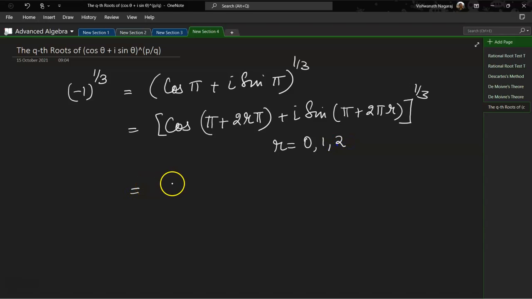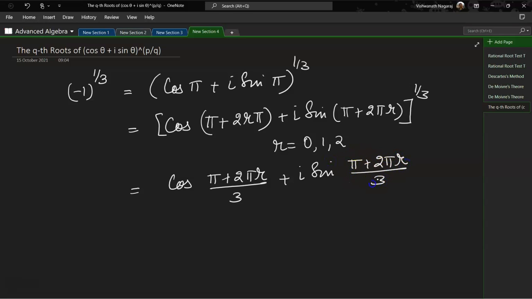Now we apply De Moivre's theorem. We get cos((pi + 2 pi r) by 3) plus i sin((pi + 2 pi r) by 3). Now it's a straightforward way of evaluating further. Just keep substituting r.